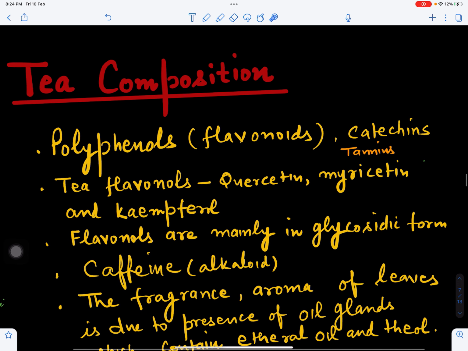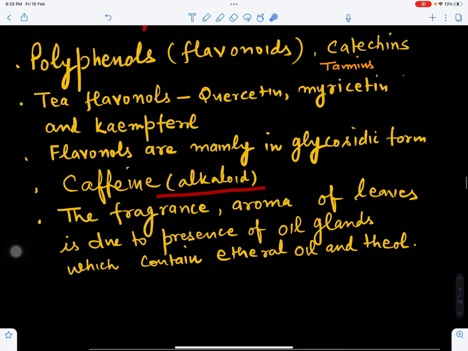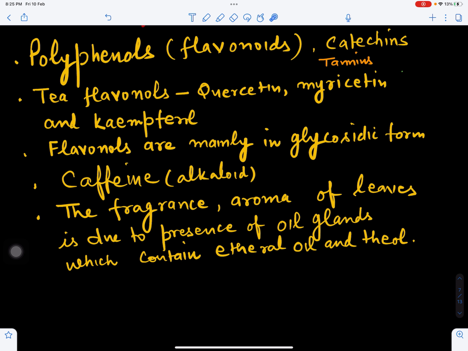Now, if you see the composition of the tea plant, it has polyphenols rich in flavonoids, catechins, and tannins. Tea flavonols are quercetin, myricetin, and kaempferol. And these flavonols are mainly in glycosidic form, that is in sugary form. Caffeine is an alkaloid which is present in the tea. Fragrance and aroma of the leaves is due to the presence of oil glands which contain ethereal oil and thiol oil, which gives it a characteristic flavor.